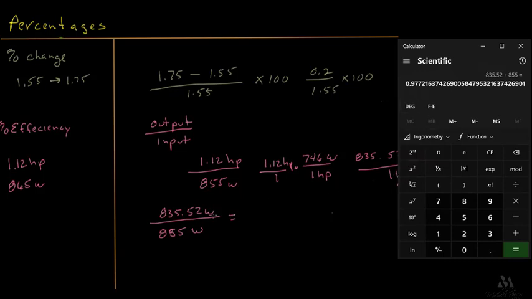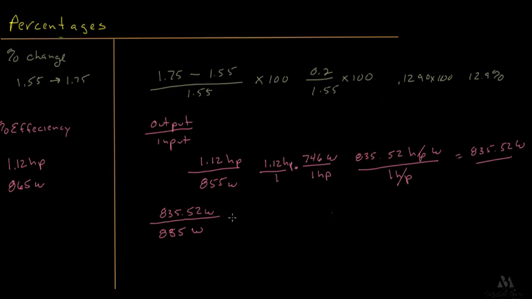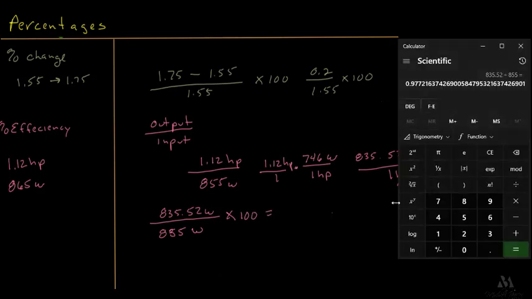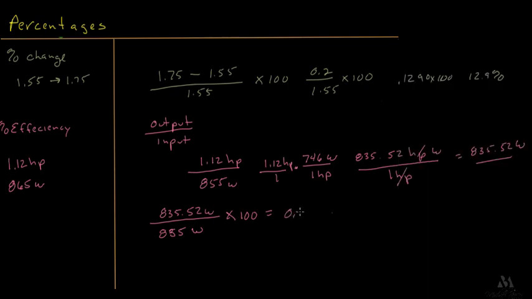0.9772. So I'm going to do this before I forget. We're going to get this times 100. And we got 0.9772. This equals 0.9772 times 100, or 97.72%.